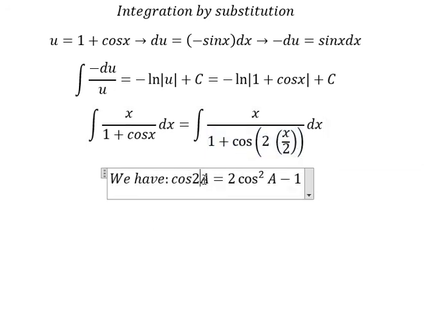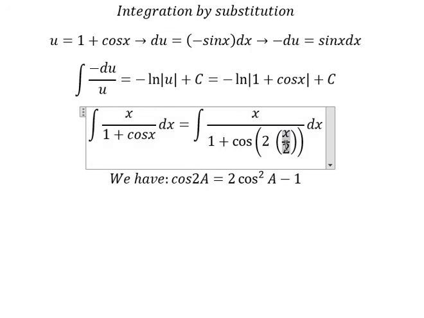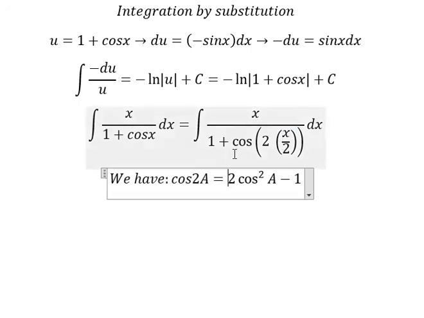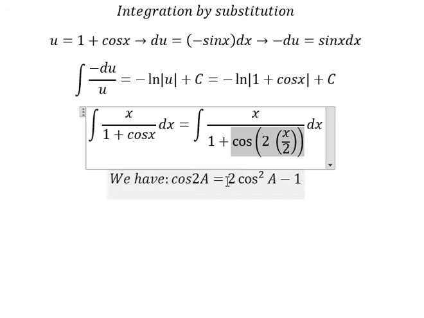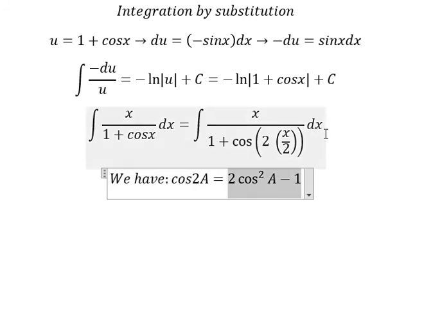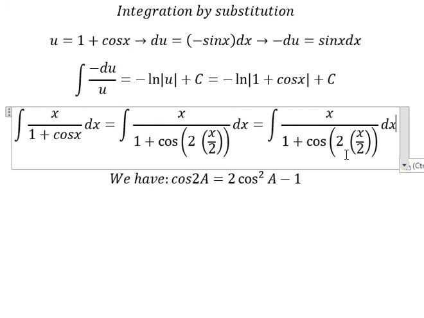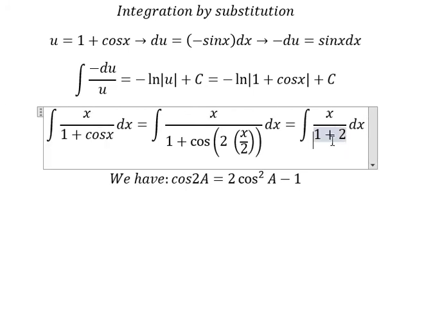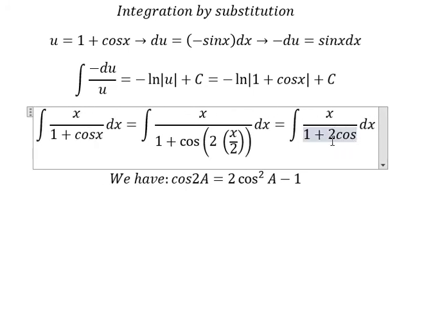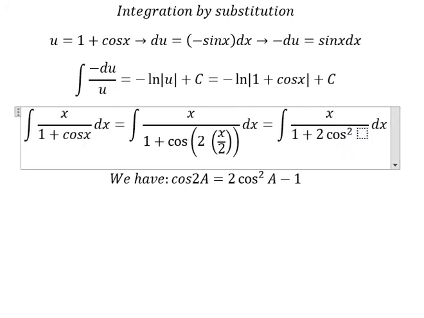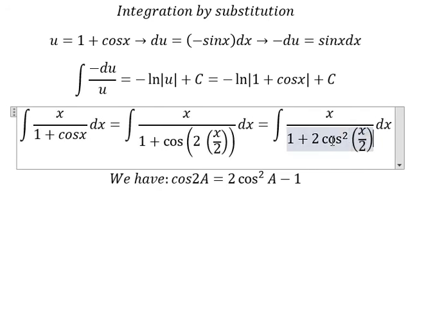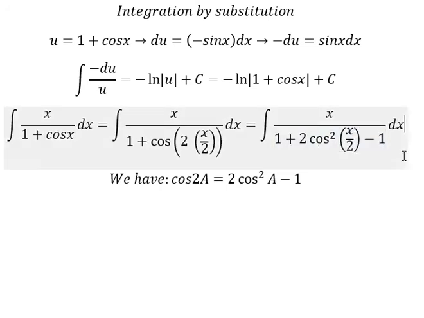So capital A represents x over 2 in here. Now we need to transform this one into this one. So we have 2 cosine of x over 2 squared minus 1. Now we need to simplify 1 minus 1.